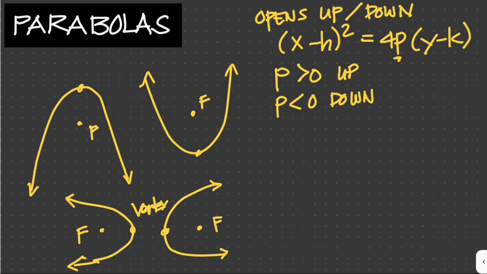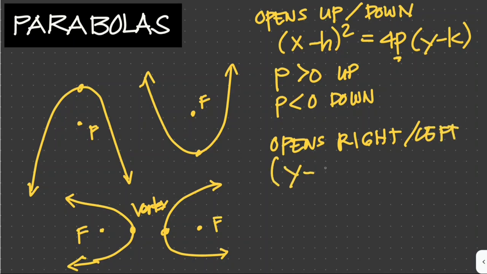And then for those parabolas that open right or left, our formula is just y minus k squared equals 4p times x minus h.